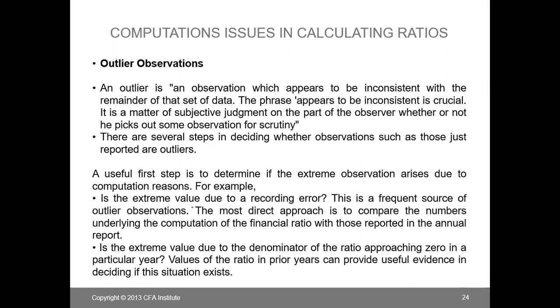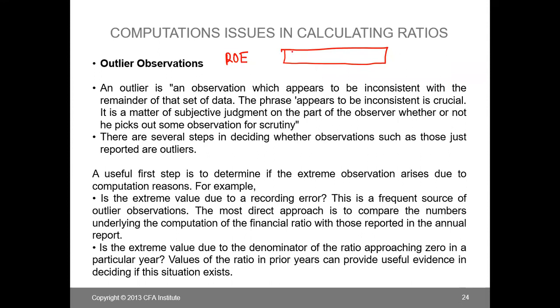Now another thing, I'm taking extra time from you. We are now considering the issue of outliers. So what is an outlier? For example, you are familiar with mean, median, mode, minimum, maximum, right, from your statistics course. So you know these descriptive statistics of a particular variable, say, ROE.